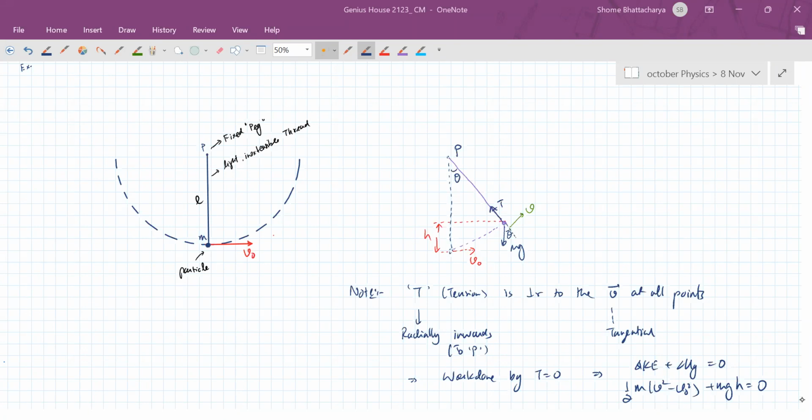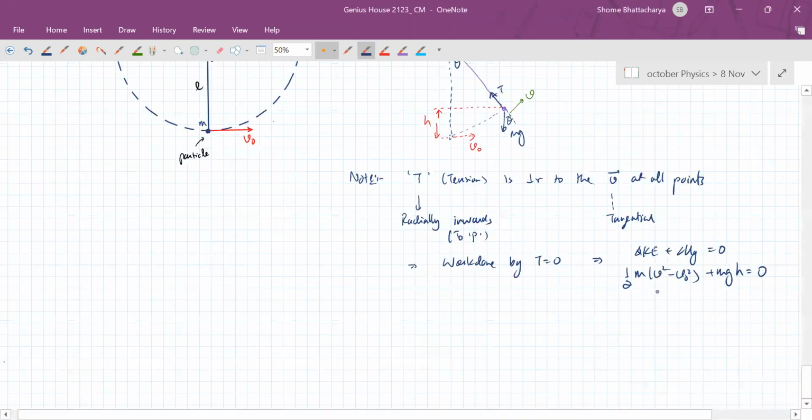Okay, so now implementing this, we can once again see that here we get this kind of relation that v square is equal to v naught square minus 2gr into 1 minus cos theta.